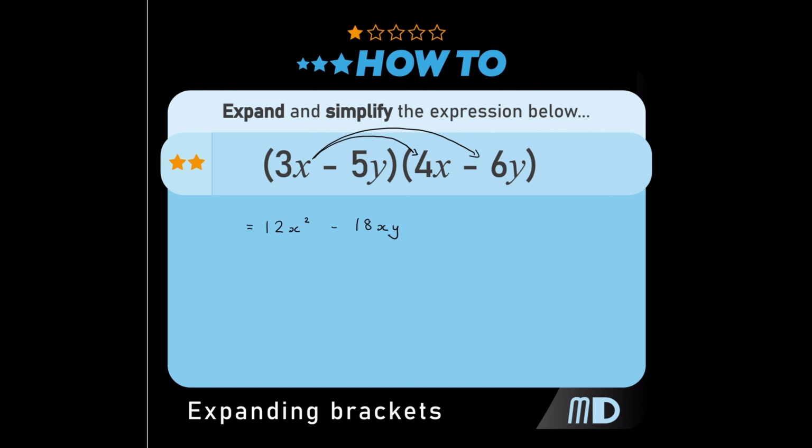Then we multiply minus 5y by each term in the second bracket. So minus 5y multiplied by 4x is minus 20xy, and minus 5y multiplied by minus 6y is 30y squared.